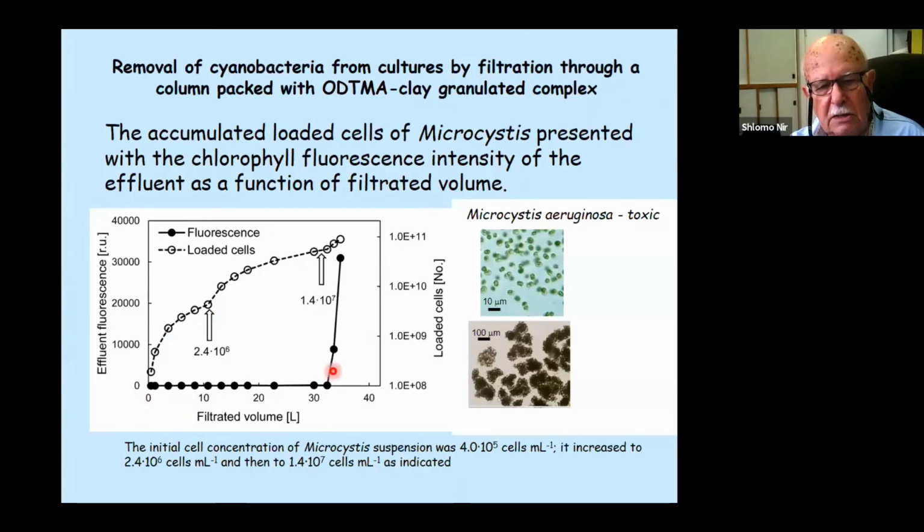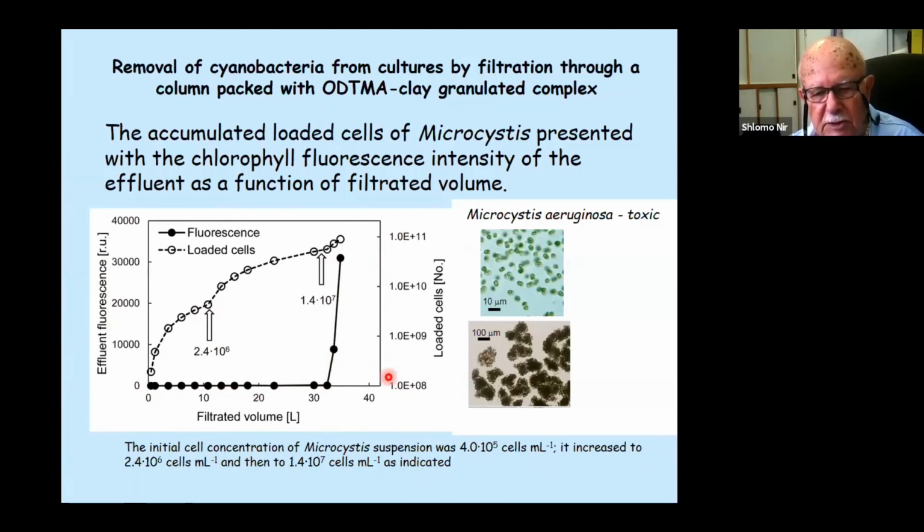This slide represents filtration experiments. Initially, we had here 4 times 10 to the 5 cells per ml added, and later more and more cells were added. This vertical axis represents the fluorescence in the medium, expressed by black dots.